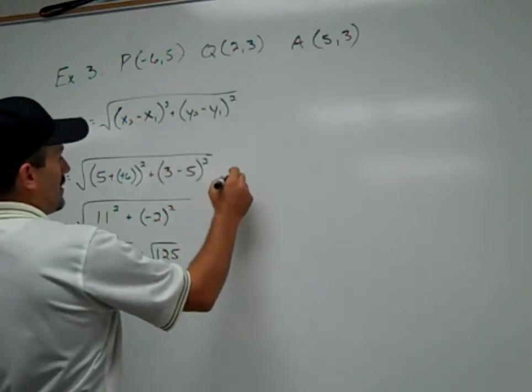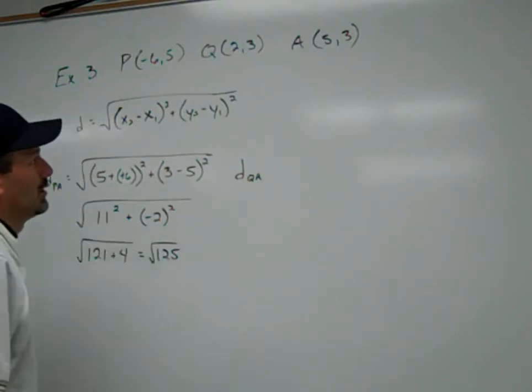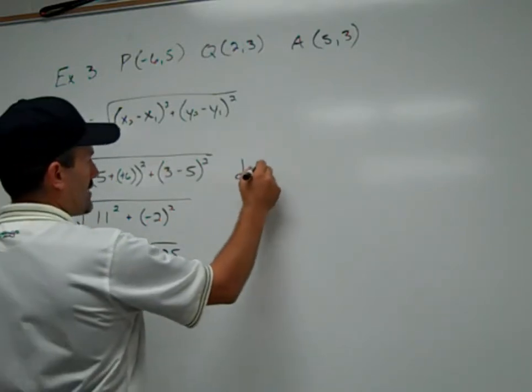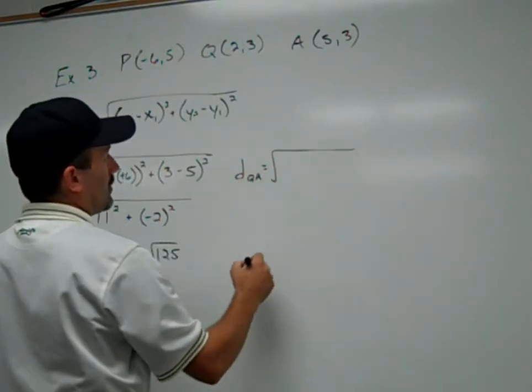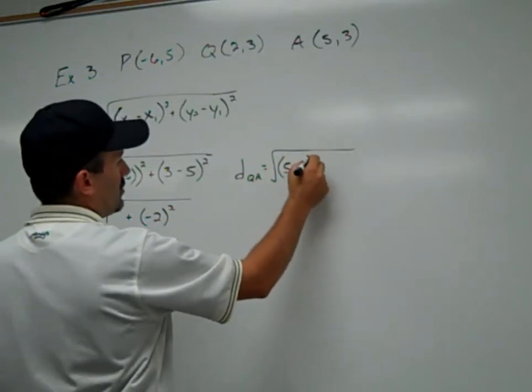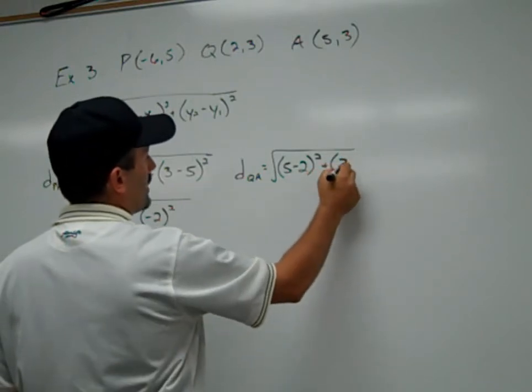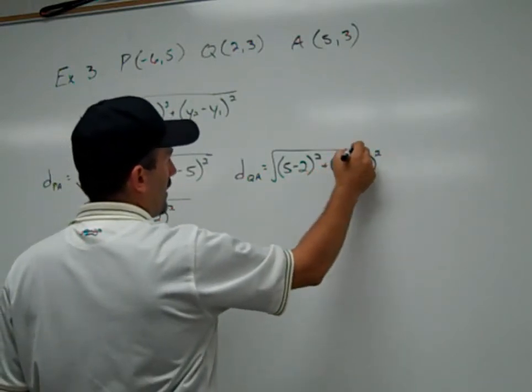As we look at the distance of QA, we're going to do the same process. Okay, point A, x value is 5 minus 2 squared plus 3 minus 3 squared.